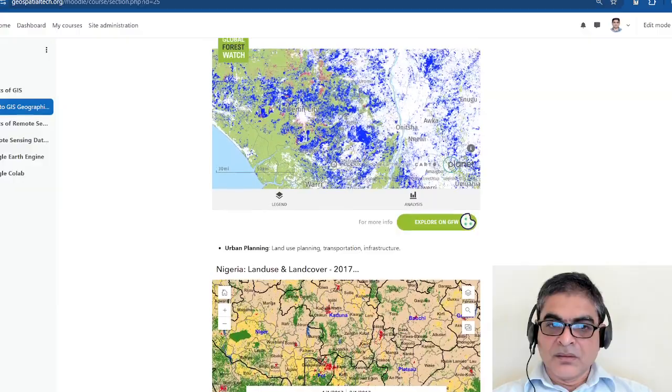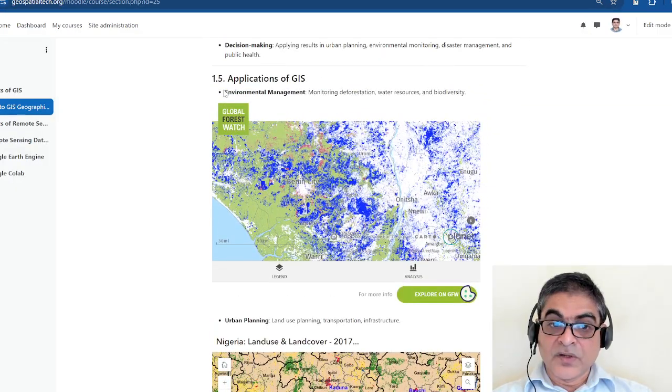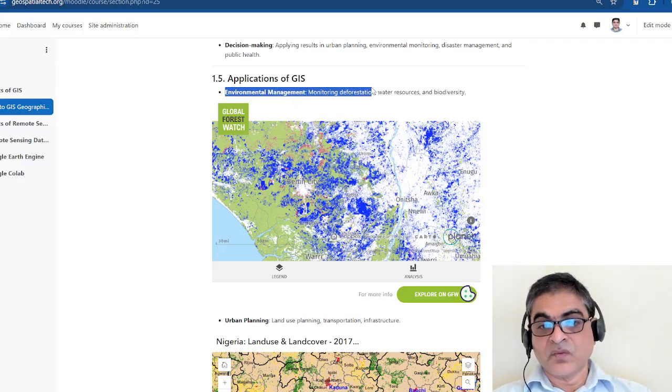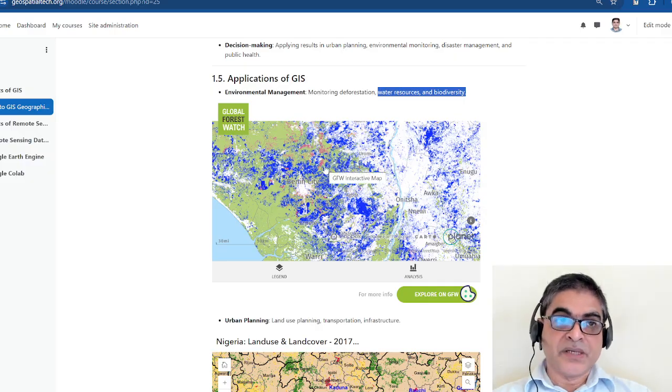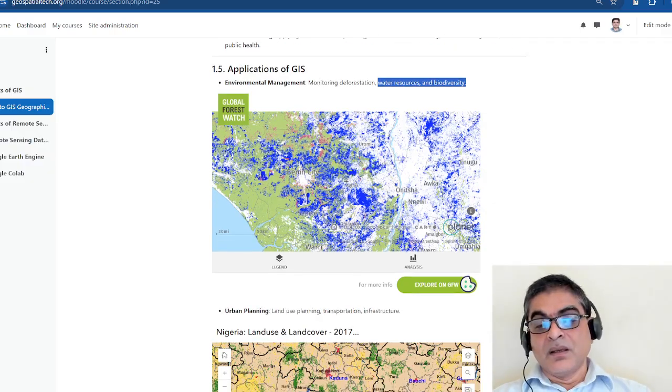And this is the application in environmental management, monitoring what? Deforestation, water resources, and biodiversity. Because where the vegetation has been lost, it will impact what? Biodiversity also. The wildlife is dependent on what? Vegetation.